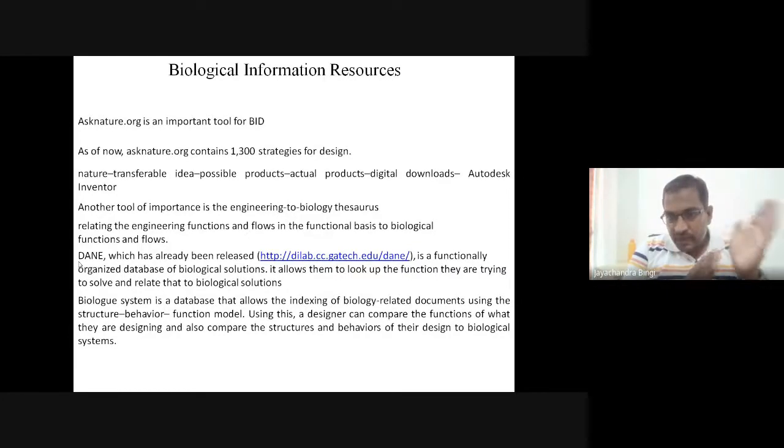If you want to find it exactly, you start with Ask Nature, then you get some insights, then after that you start probing towards some solution in nature. That way you can do the complete process. Those are the different resources which you can use.